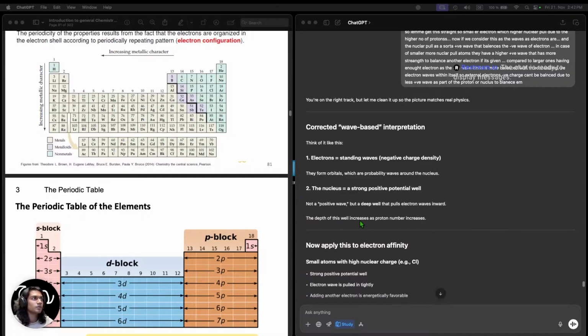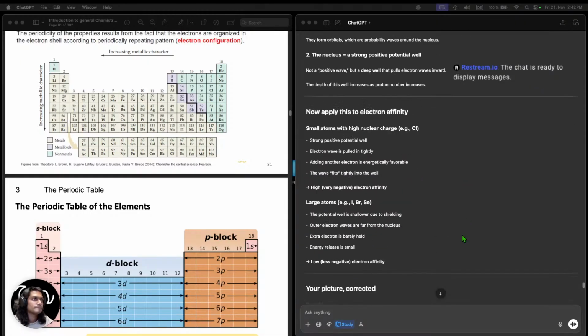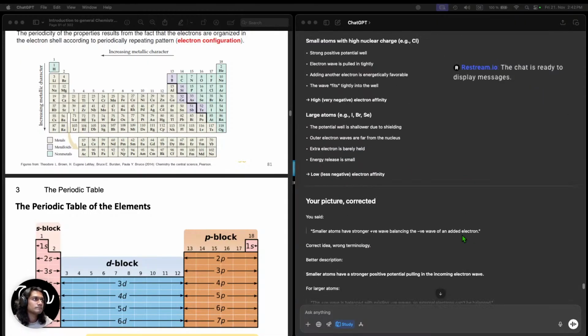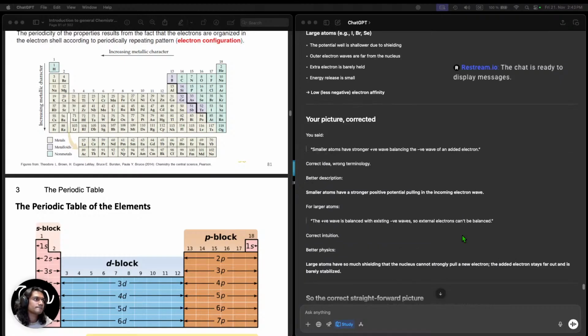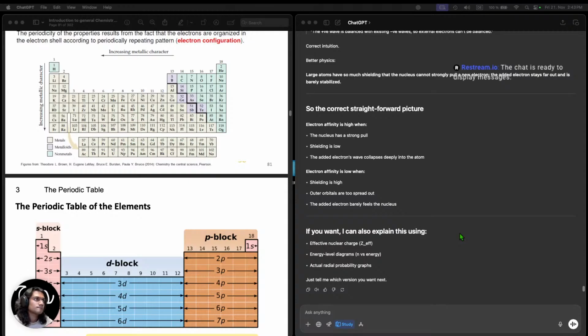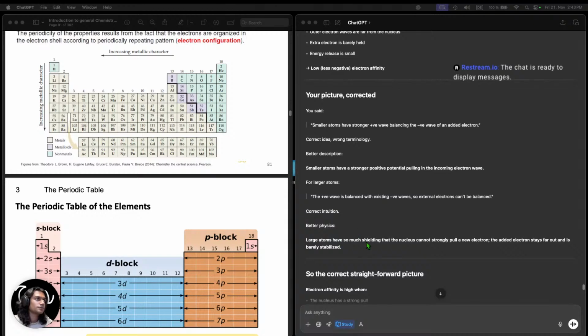The depth of this well increases as proton number increases. Larger atoms have so much shielding that the nucleus cannot strongly pull an electron. The added electron stays far out. It's barely stabilized.